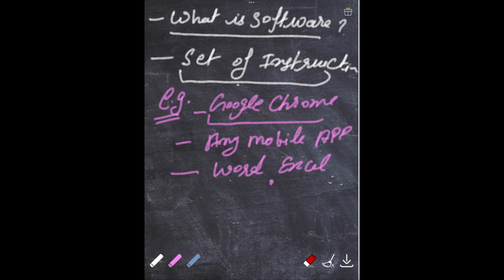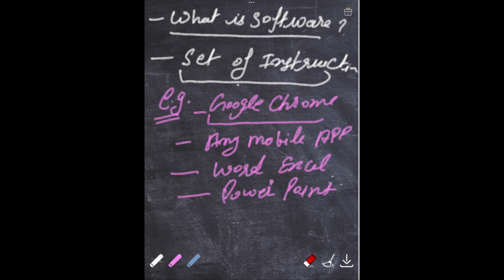Software is used to solve a particular problem. Software can be built for any industry, or for any person, for personal use. Word, Excel, PowerPoint, all these tools we use in a system are software.